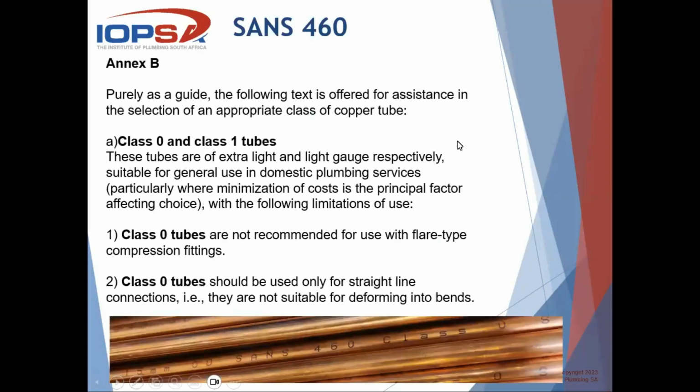Then just going through the classes quickly. Under Annex B, this is just a description of the different classes. Class 0, which is a light gauge pipe, suitable for general domestic plumbing services. However, they also recommend that you cannot use it for flare type compression fittings, and it should be used in straight line connections, and obviously not suitable for bending, as mentioned before.